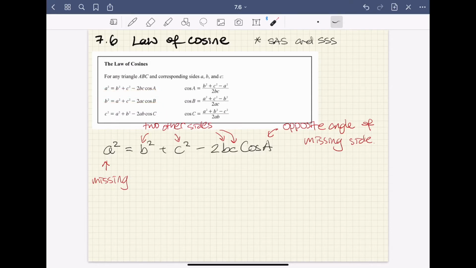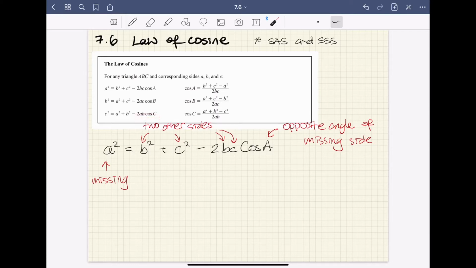Okay, let's check out the last one. C is the missing side, and so A and B are the two other sides. So to find the missing side squared, it will be equal to a squared plus b squared, which is the same as this part, and then subtracted by 2 times those two sides. So 2 times a times b, and then times cos of the opposite angle of that side.